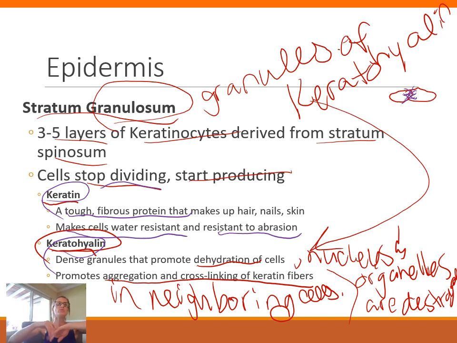And then the nucleus and organelles get destroyed, it's dehydrated, and essentially you've got a bunch of sacs of keratin. Okay. So I'm going to say, this is one of the reasons, the fact that the cells are connected by desmosomes, by proteins, and then you've got all of this keratin that's cross-linked between cells.